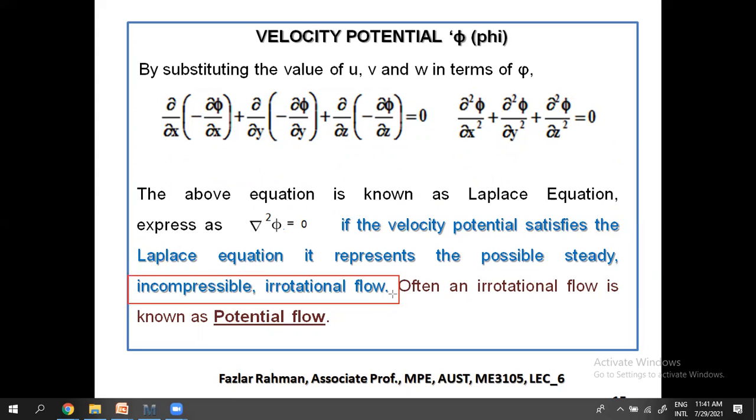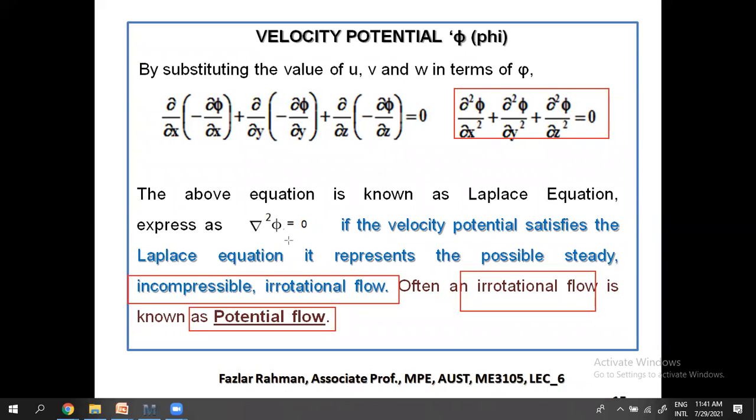In some books, an irrotational flow is sometimes referred to as potential flow. Okay, so I can confuse you if I give you a phi and ask you to prove that this represents a potential flow, yes or no? Don't be confused. That means you have to satisfy the Laplace equation. Okay.